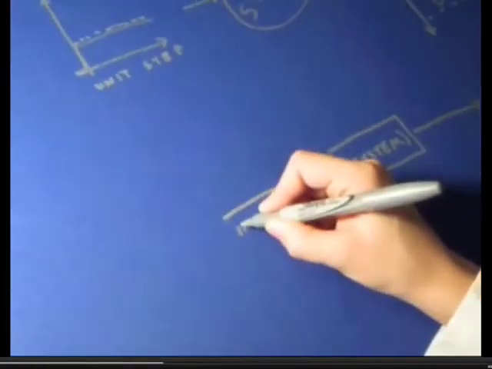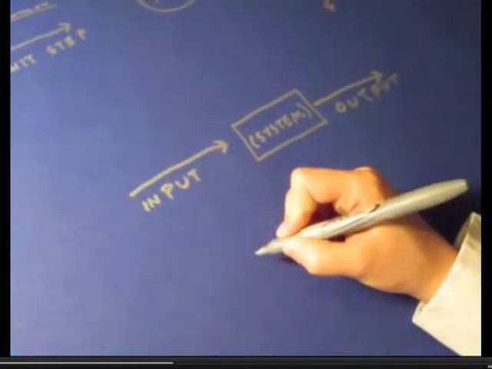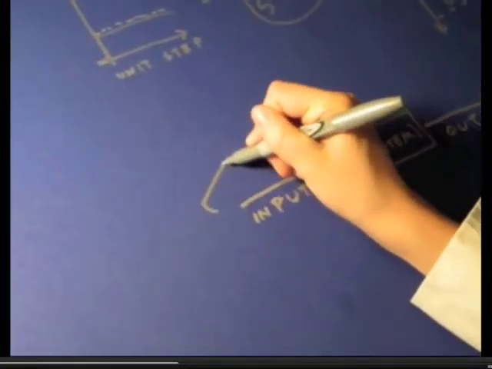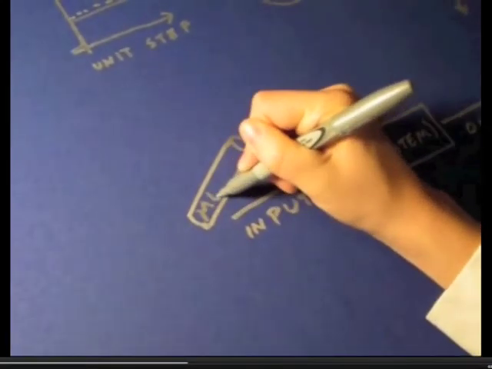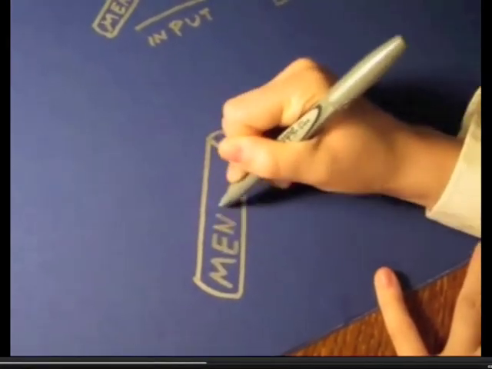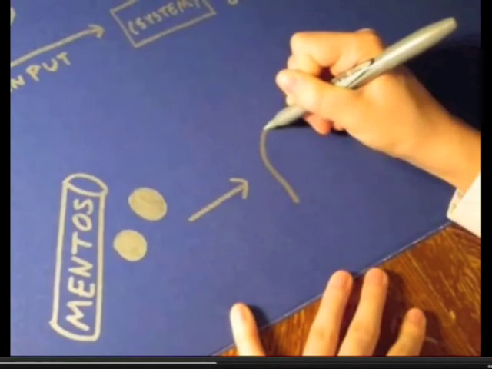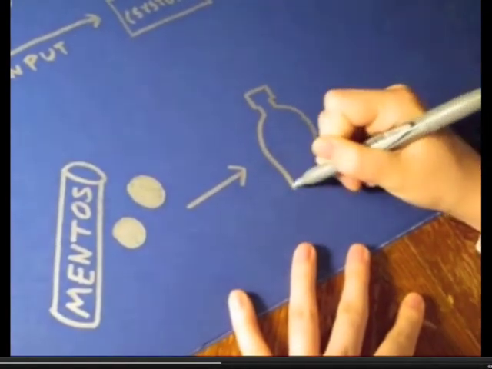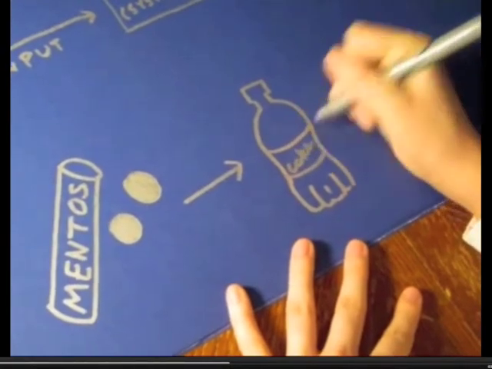We will draw the input as an arrow going into the black box, and the output coming out. Our input for this myth is a sleeve of Mentos, and we're trying to make it unbounded output. And this is our black box. We will put Mentos, our input, into a Diet Coke, our system, and see if we can achieve an unbounded output.